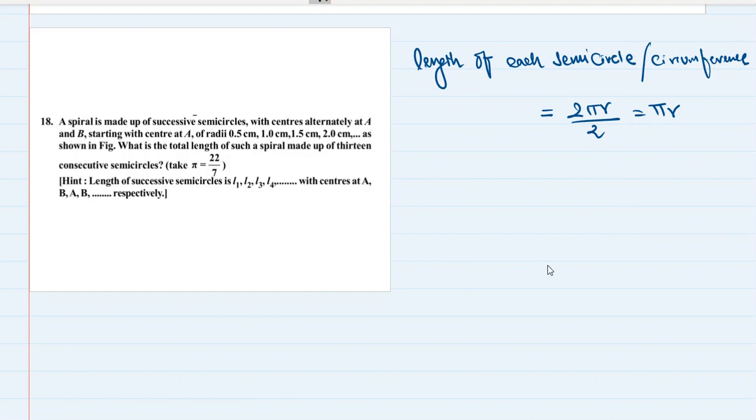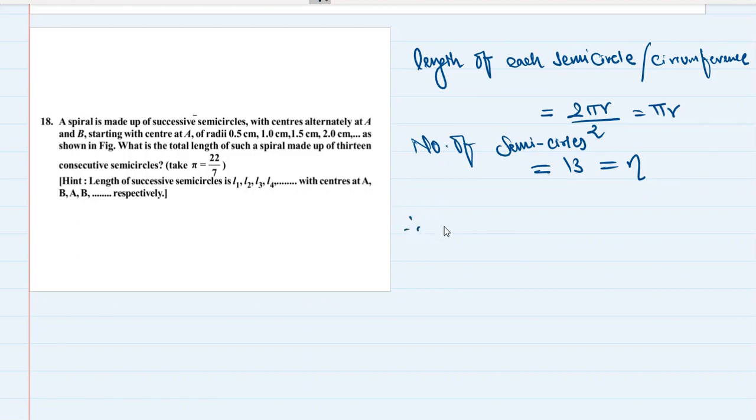Okay, so now we know that the total number of semicircles is equal to 13, which is nothing but n.